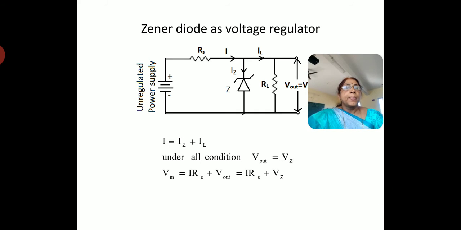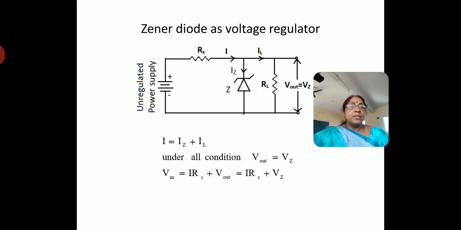The applied voltage Vin, using Kirchhoff's voltage law in a loop, is equal to I into Rs plus Vout. As Vout is equal to Vz, it is I Rs plus Vz.